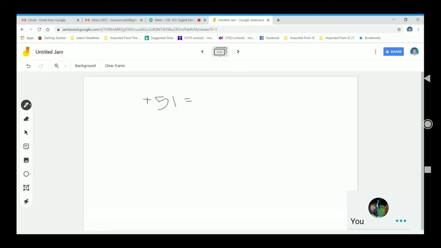Now tell me what is the answer if we are using sign magnitude form for 51. Tell me the answer.